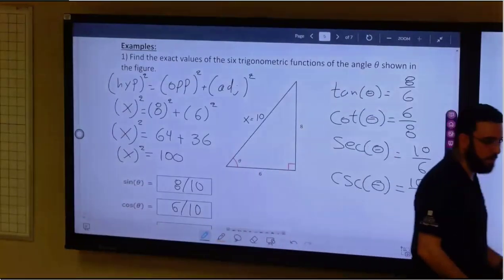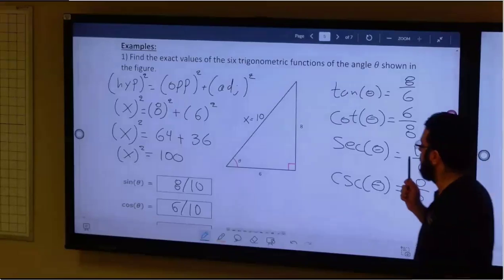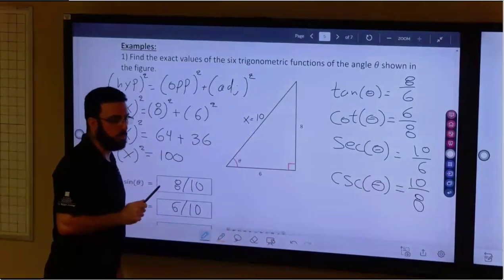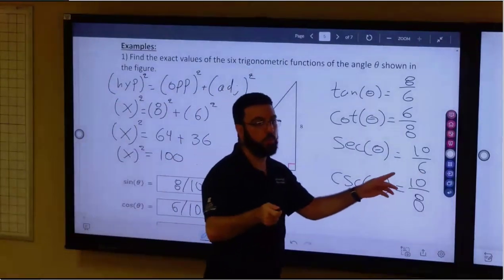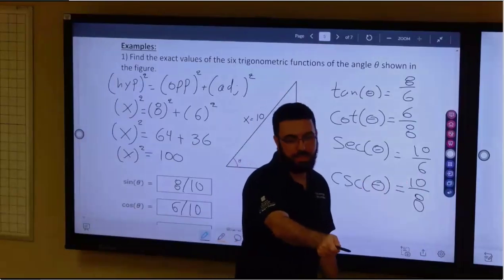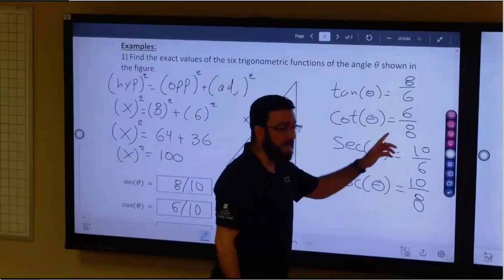Is that hard? If it wants the exact values and when we do the division we get an exact value, for instance, 10 over 8 is going to be 1.25.